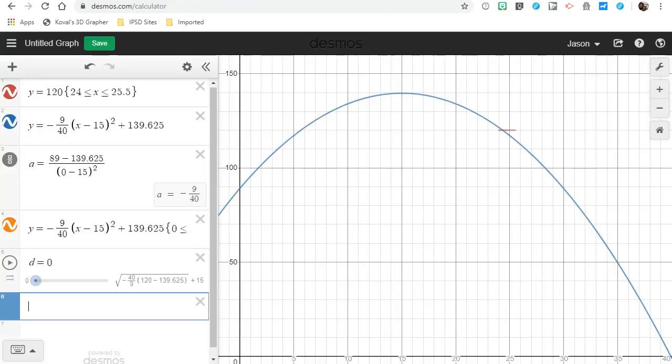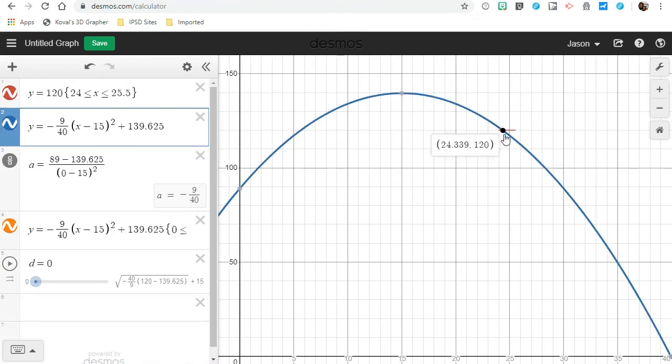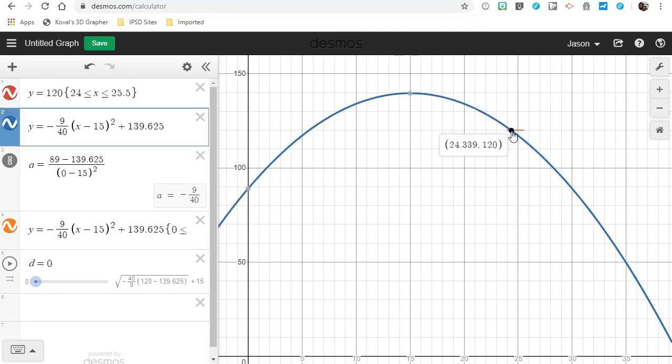So what we're going to do is we're going to actually look at what would happen. So here's the graph. And when we find the intersection of these two things, if I subbed in 120 for y, I would get 24.339 as my x value.